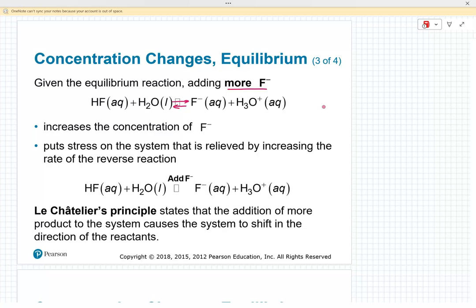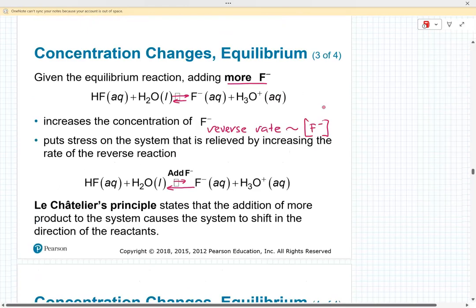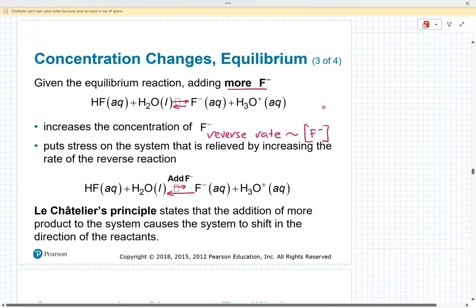The rate of reverse reaction will be greater than the rate of the forward, because the rate of the reverse reaction is proportional to the concentration of the fluoride anion. Right? Make sense? Nice. And what do you think is going to happen if you remove some of the fluoride?